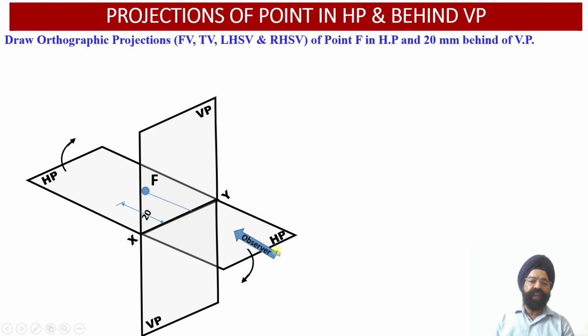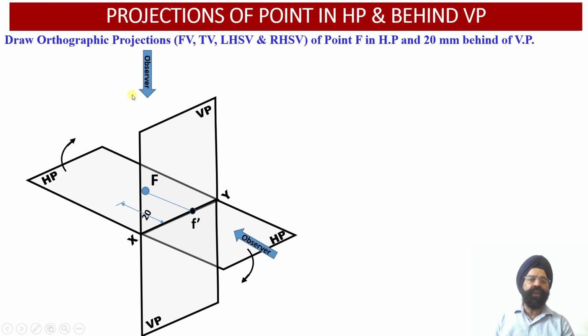As the observer looks at this point F from the front view orientation, we observe that we have obtained the front view orthographic projection of the point on the XY reference line, because this point F rests on the horizontal plane.